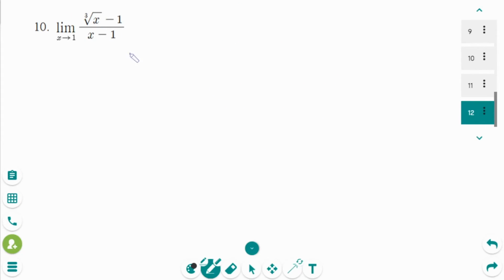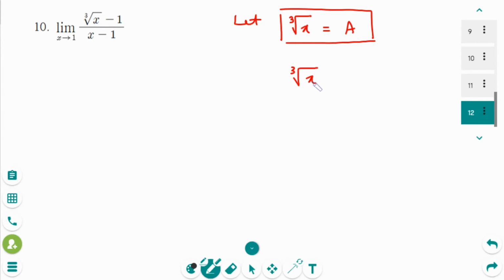This is question 10. We use substitution to solve it. Let the cube root of x be a. Remember this one. And then get rid of the radical sign by cubing each side.